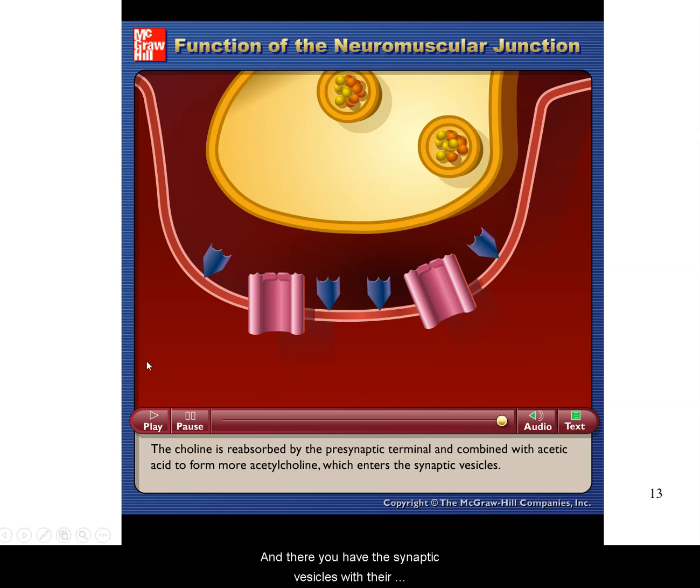And there you have the synaptic vesicles with their acetylcholine ready for the next influx of calcium ions so that these synaptic vesicles can release the acetylcholine. Now, a lot of things have to happen for this membrane to be ready for another impulse, and the whole process starts over again.